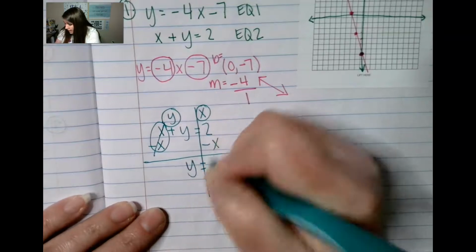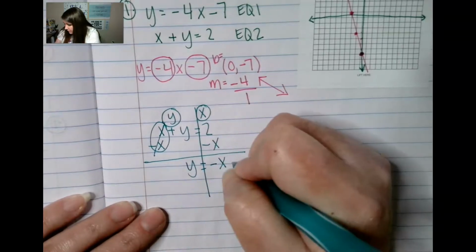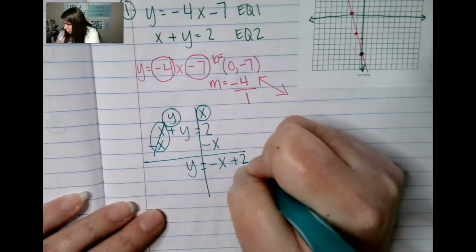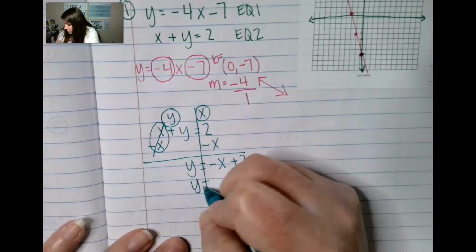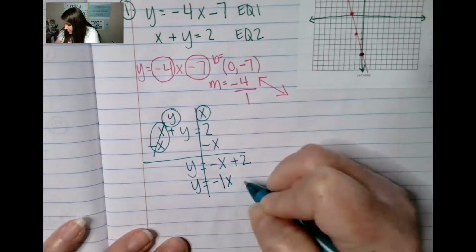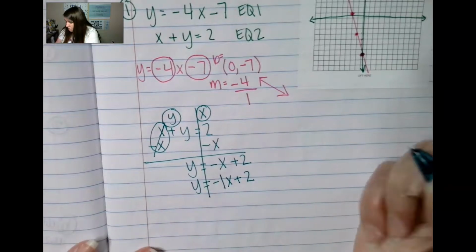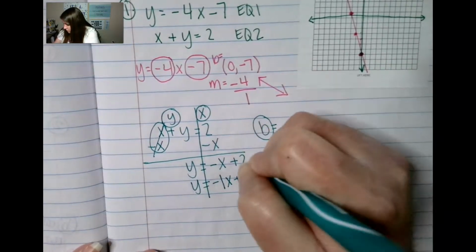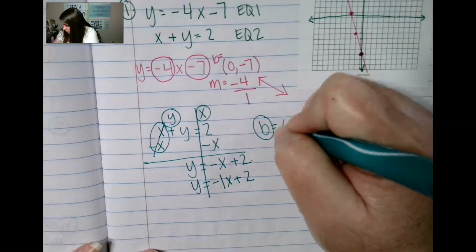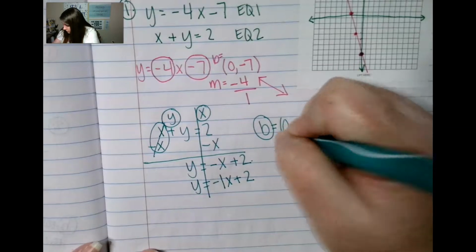Tells me I have y equals negative x plus 2. Okay, a negative x is the same thing as saying y equals negative 1x plus 2. So my b equals 2, so 0, 2.